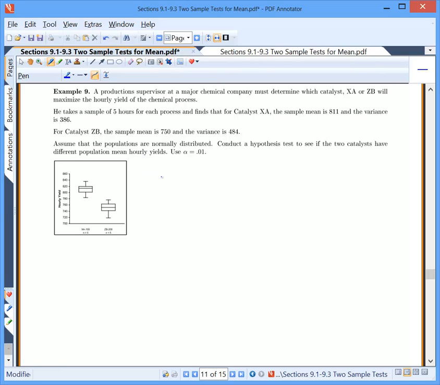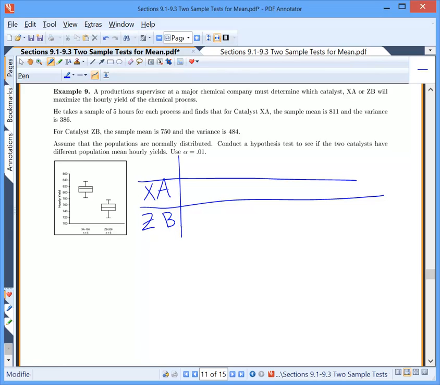Now when I do a problem like this, I like to start off by drawing a table to organize my information. So we have catalyst XA, ZB. He takes a sample of 5 hours for each process, so we need a sample size. It's 5 for both of them.